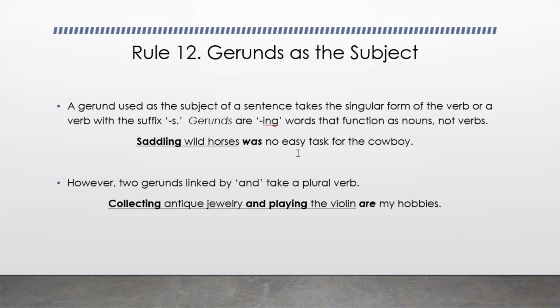Again, this is your complete subject. Horses is not the simple subject. The simple subject is saddling, which is a gerund, and it's singular, therefore you have the singular form of the verb to be, was. And again, if two gerunds are linked by and, the verb becomes plural. Collecting and playing are my hobbies.